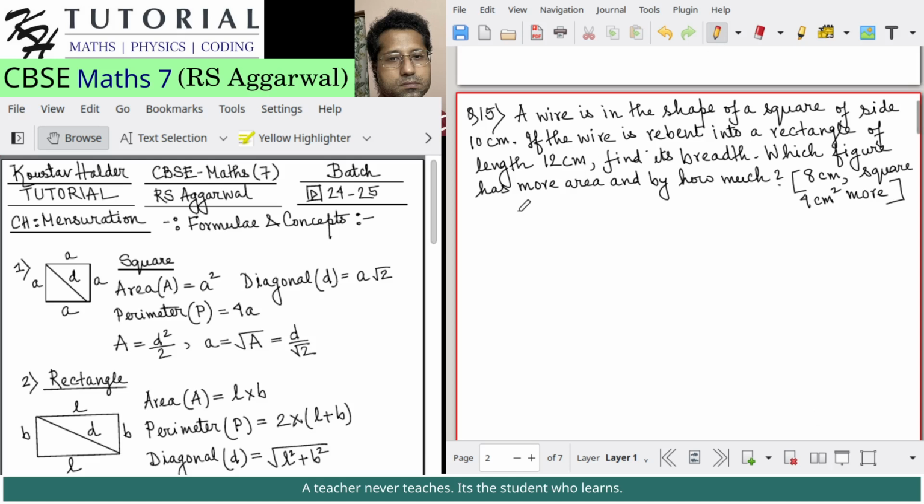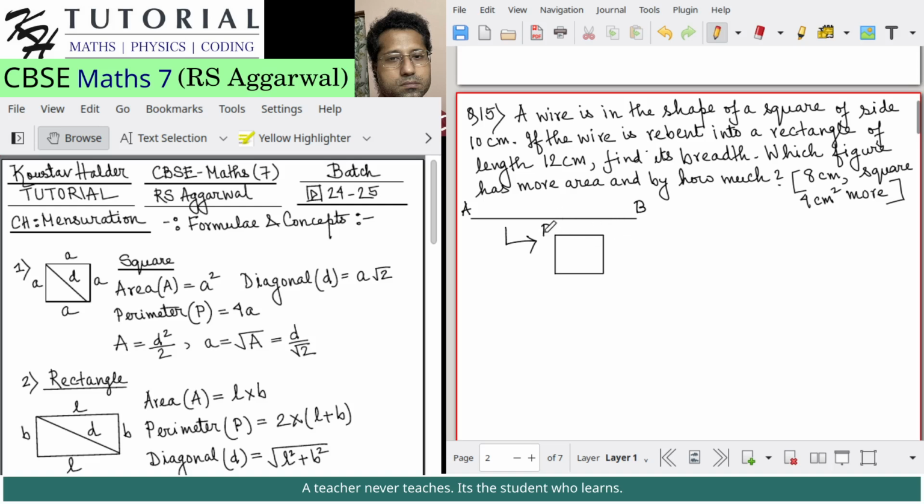So initially there was a wire. Let's say this is a wire, and the length of the wire is not given, but it is given that this wire, let's say AB, was in the shape of a square.